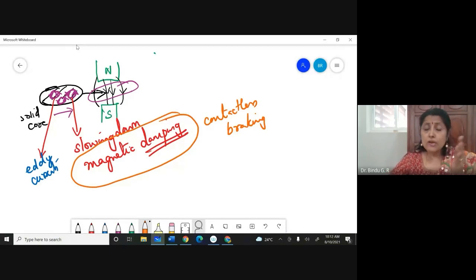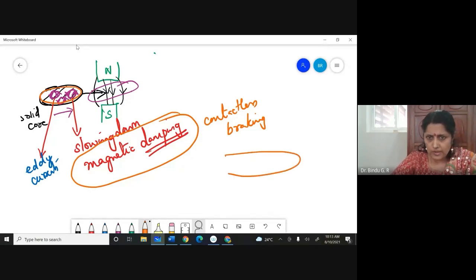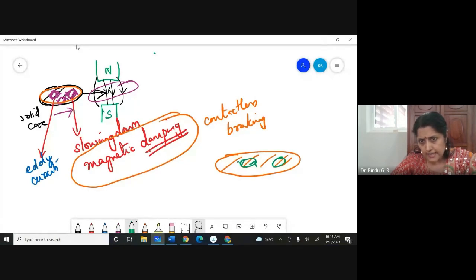Now, there are cases where you don't want eddy current loss to happen. In such cases, in the solid core, you will try to reduce the eddy currents, because currents flow like this. They form their own paths like this.